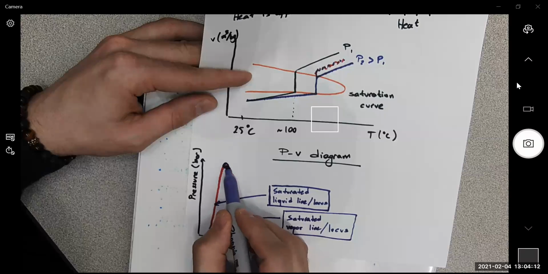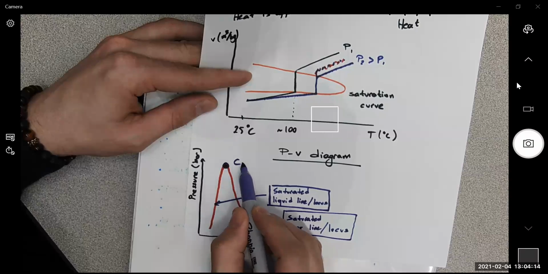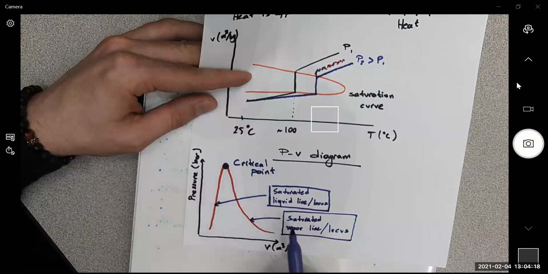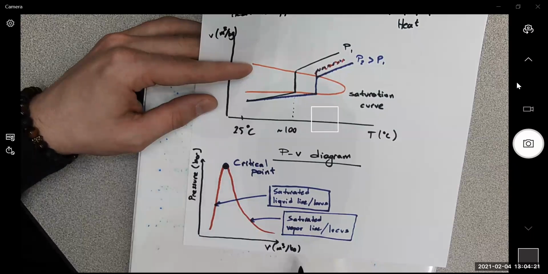Start point, critical point, where I pass from liquid to the superheated vapor region directly without going through a transition. Okay?